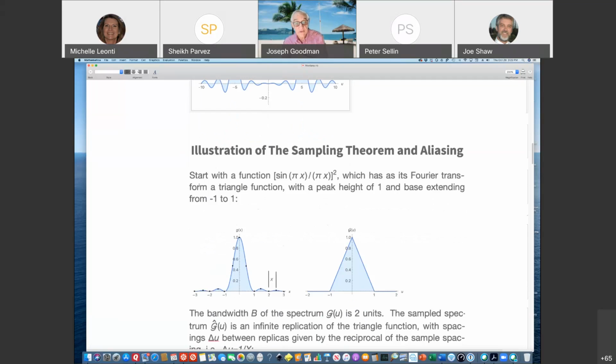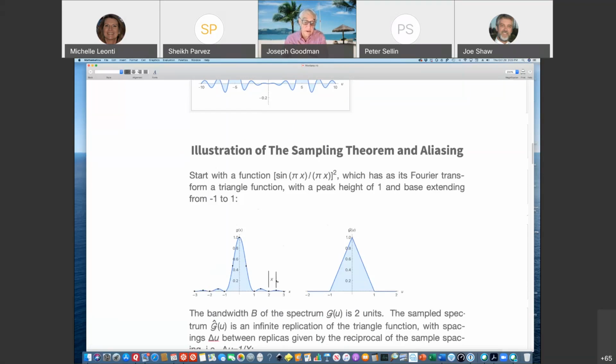And the Fourier transform of that function turns out to be a triangle function, a symmetric triangle function, as shown here, capital G of u versus u. Height is 1, drops to 0 at 1 and minus 1. I've illustrated over here, let's say in the time domain, a few possible sampling points, represented by these little dark circles.